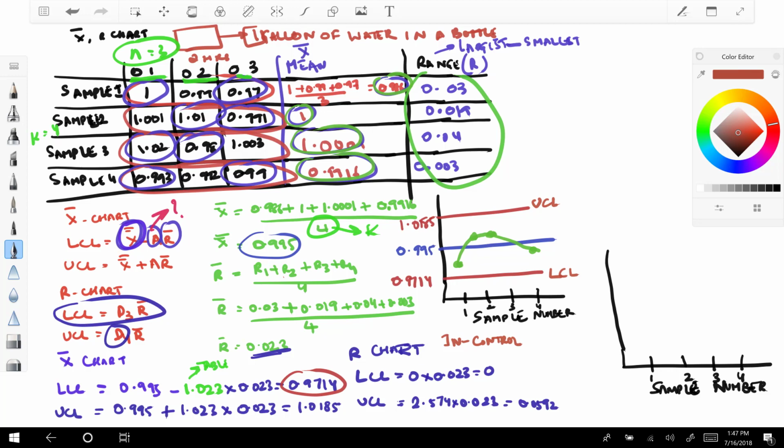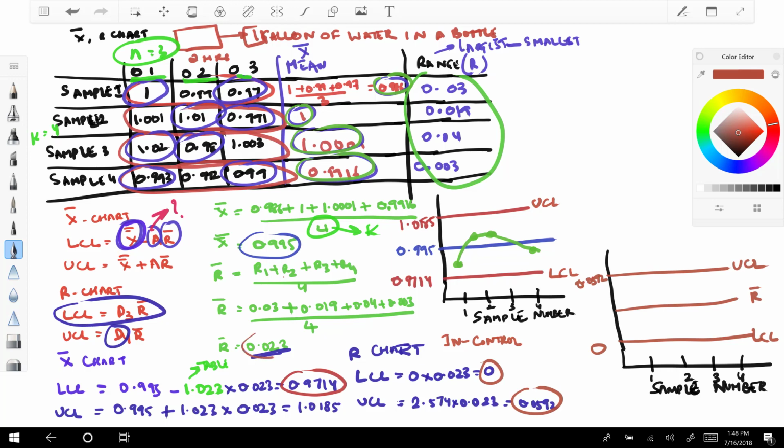The lower control limit for R chart is 0, so I will plot 0 here, and the upper control limit is 0.0592, that will be somewhere here. This is upper control limit, and this is R bar, that is 0.023.